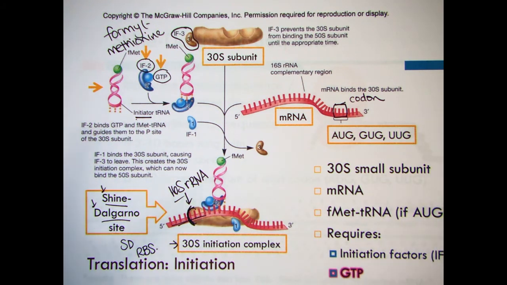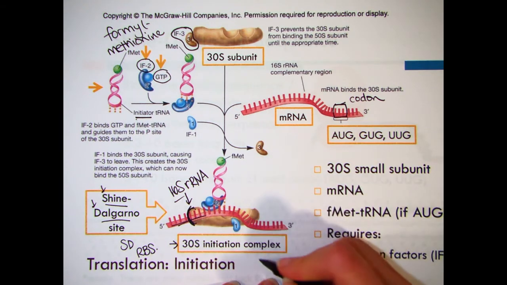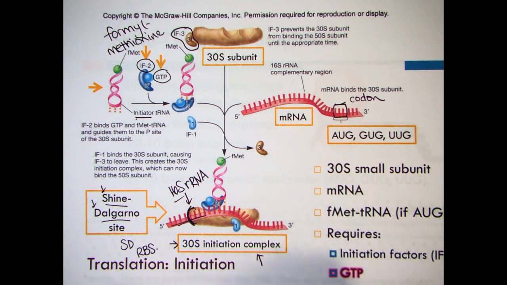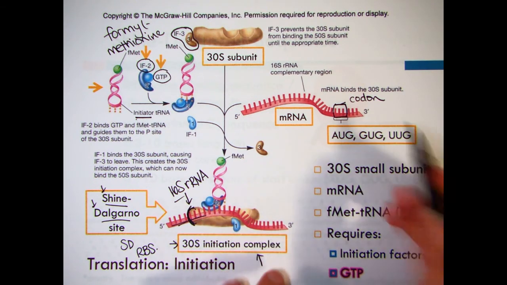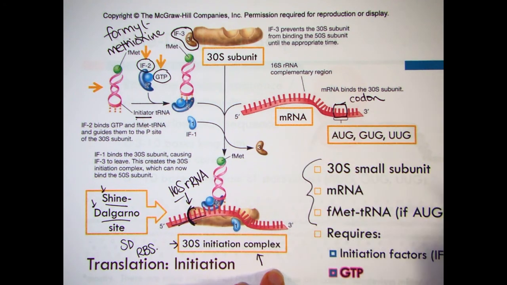Okay, so all of this together makes the 30S initiation complex. These are the 3 things that comprise the 30S initiation complex, and these are required to set the complex up.